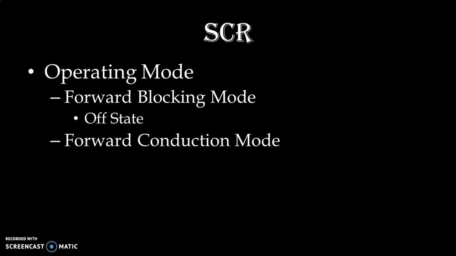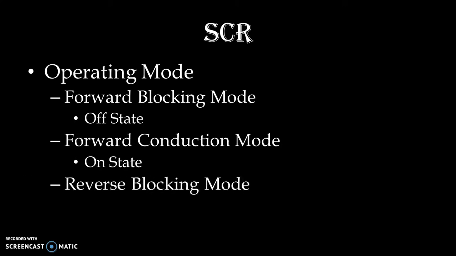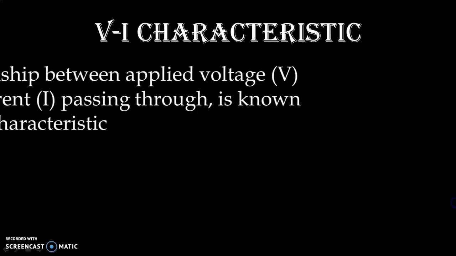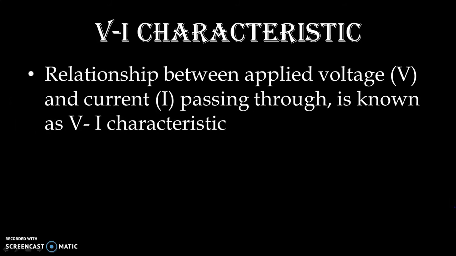We have forward conduction mode, that is the on state of the SCR, and we have reverse blocking mode, and that is also an off state. Based on these three operating modes, we will study the VI characteristic of the SCR.